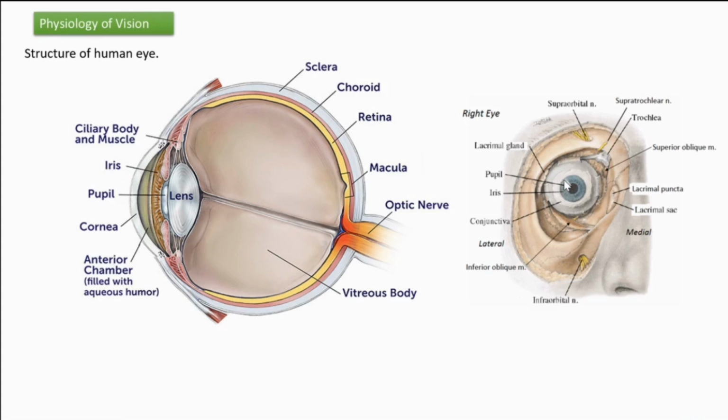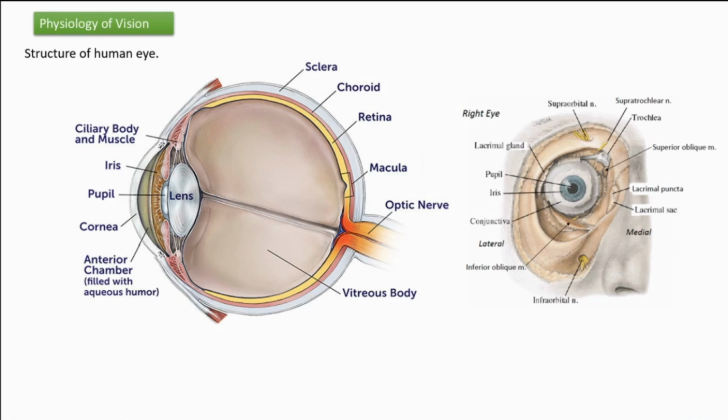In this picture it is very clear: this light blue color is the iris. Iris is actually a part of the choroid layer. Towards the front side, choroid separates from the outer sclera layer and forms a diaphragm. That diaphragm-like part of the choroid is called iris.